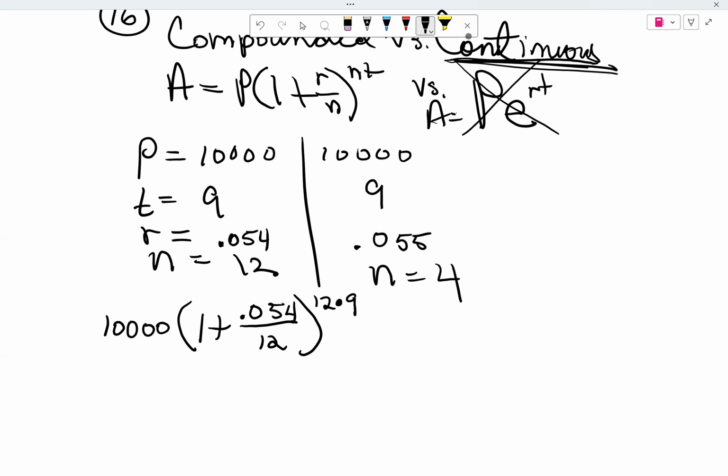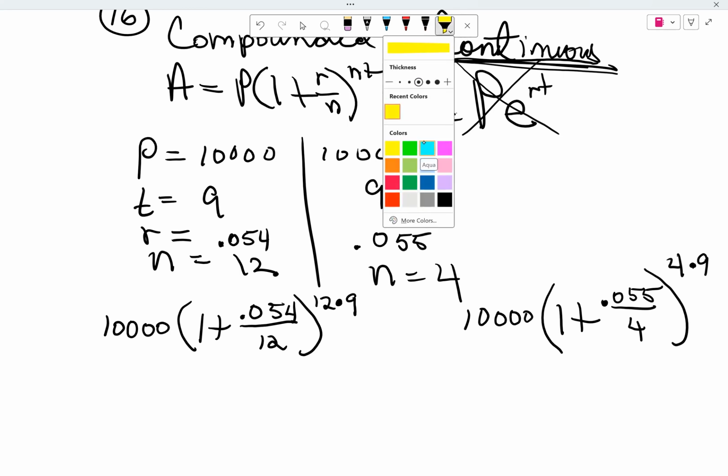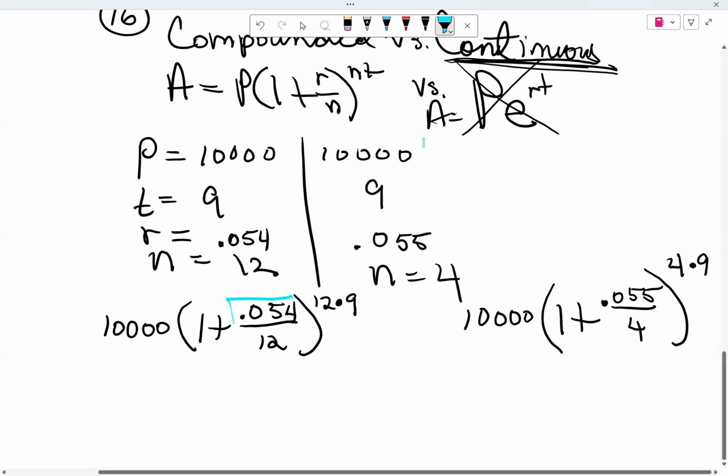You repeat the process over here. This one is 10,000 times 1 plus 0.055 divided by 4, and this is raised to the 4 times 9. Now, if you follow my marker, for those of you that still have issues with order of operations, you're going to do this part first.